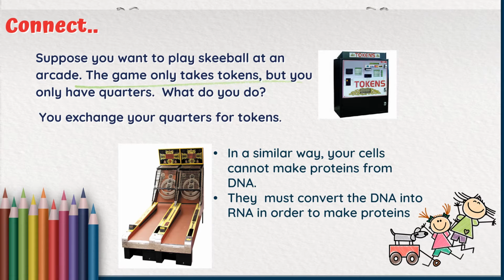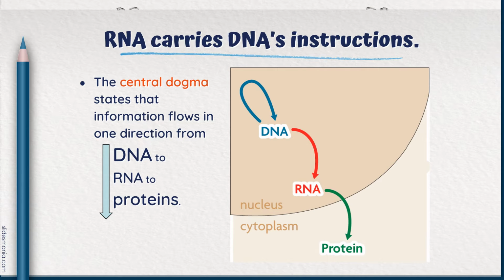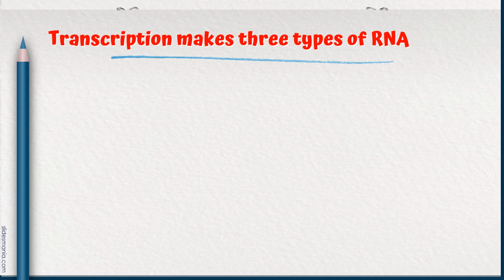They must convert the DNA into RNA in order to make proteins. This process is known as transcription. The central dogma states that information flows in one direction, from DNA to RNA to protein.